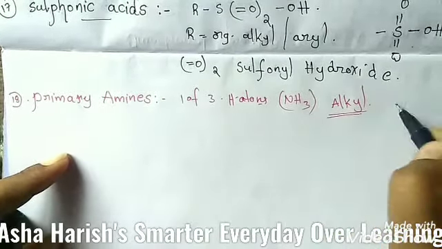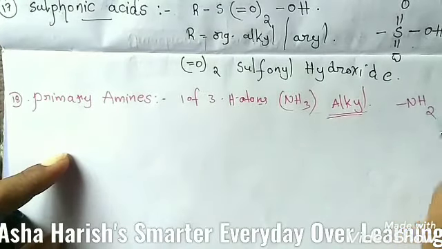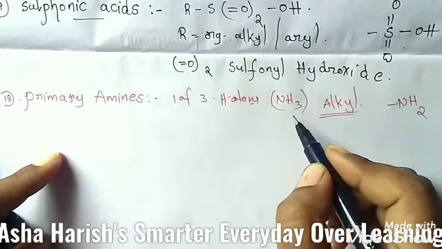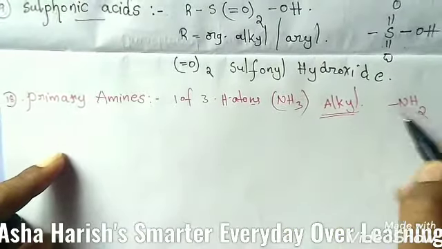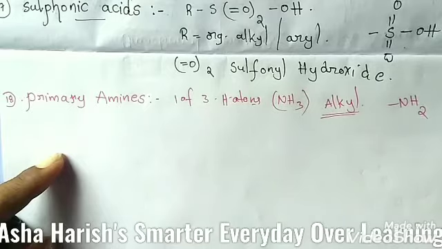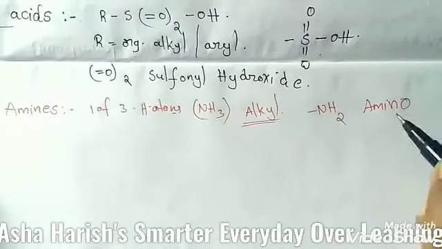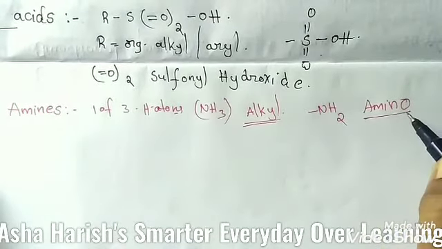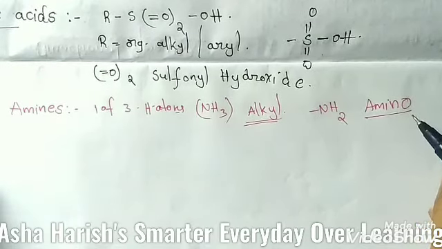Then the structure should be NH2. From this removal of 1 hydrogen, NH2 will be formed here, and amino is the name of the functional group of primary amines.